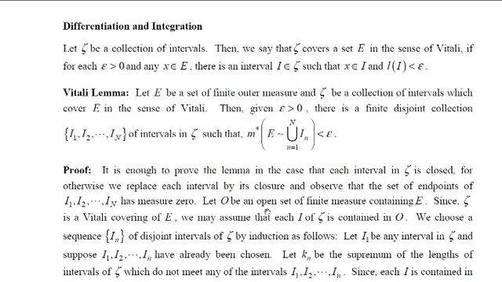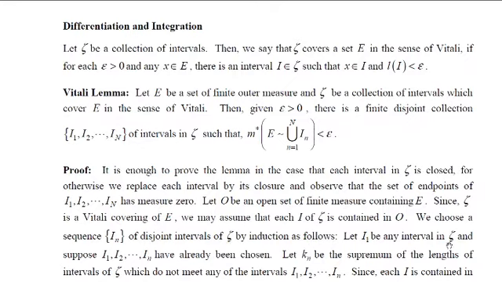Now, suppose O is an open set of finite measure containing E. And since zeta is a Vitali covering of E, we may assume that each I of zeta is contained in O. And now we will choose a sequence of disjoint intervals of zeta by induction as follows.